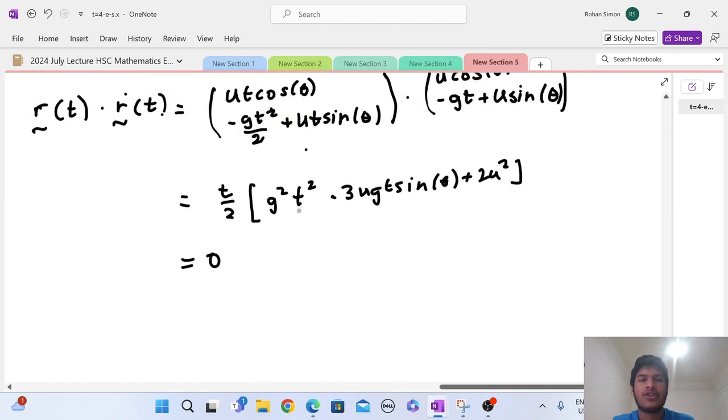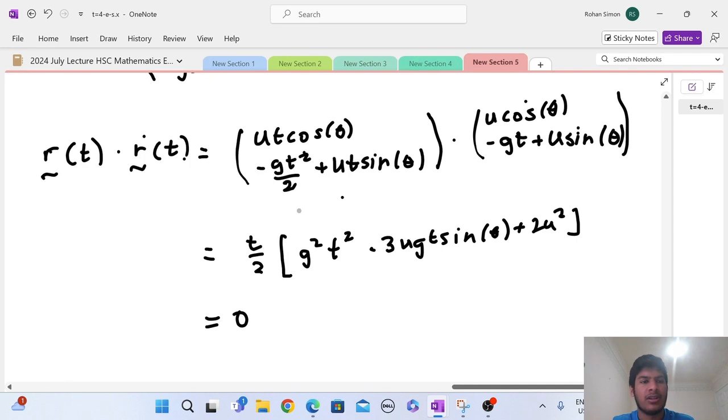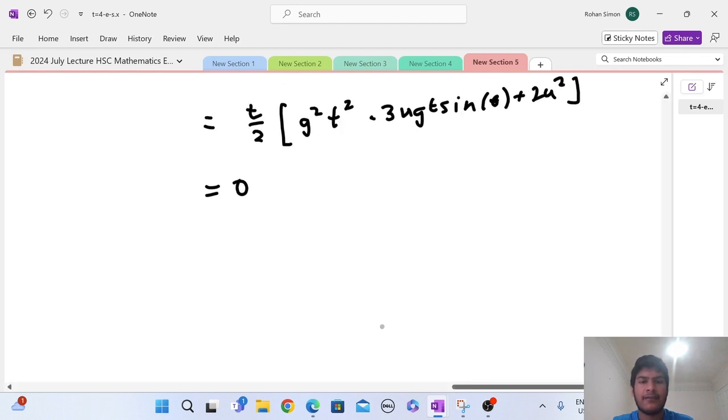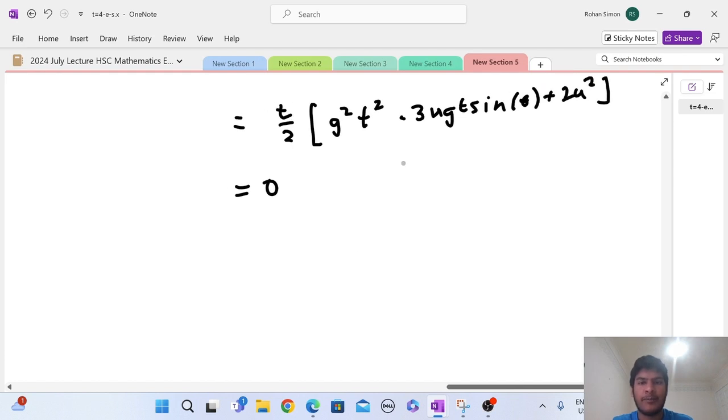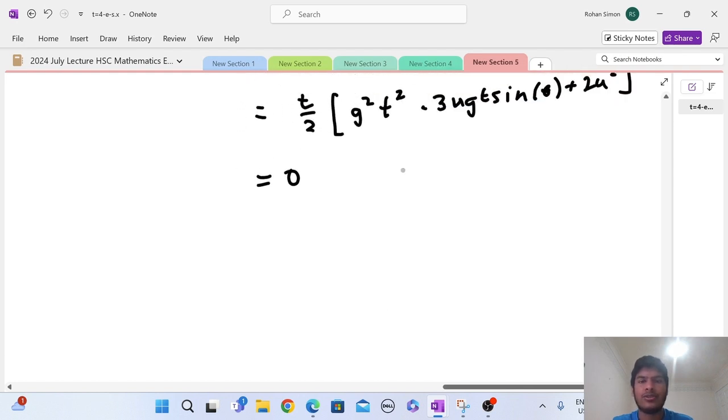Now, if there are 2 points in time at which this is true, that means that this thing inside the square brackets has to have 2 solutions. And this is a quadratic, right? And if a quadratic has 2 solutions, what does that mean? Well, then we're interested in the discriminant, right?